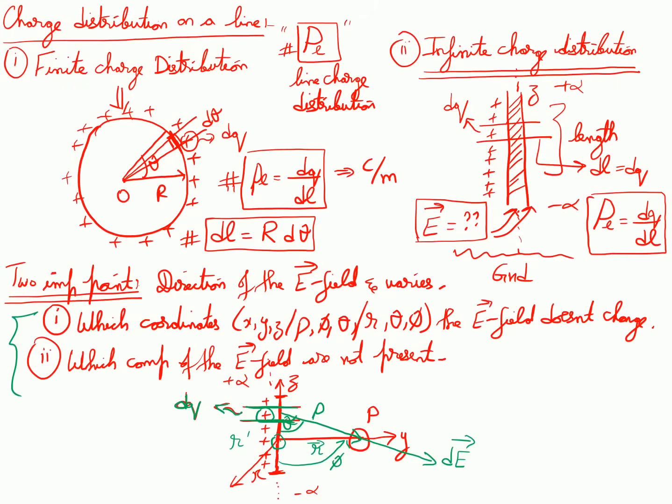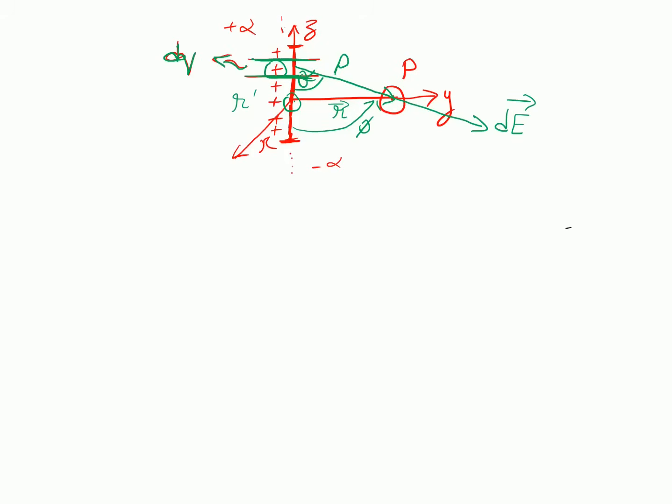So let us say we want to find with which coordinates the electric field does not vary or does not change. If you remember, there are certain symmetries associated with fields. If we are talking about the cylindrical coordinate system, whenever we move along rho, we say this is a radial symmetry.